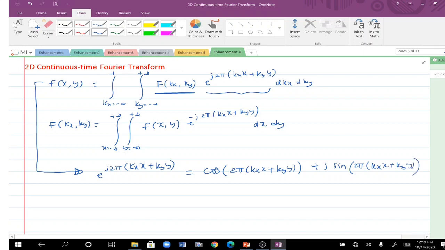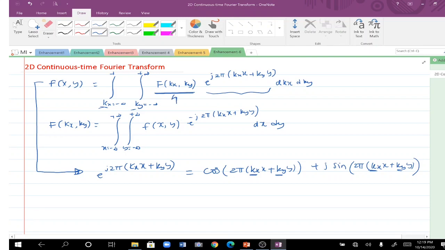You could notice that you are varying the variables kx, ky as you are integrating over kx and ky here, and you could think of representing f of x,y as a combination of sines and cosines with varying weights for each of them.